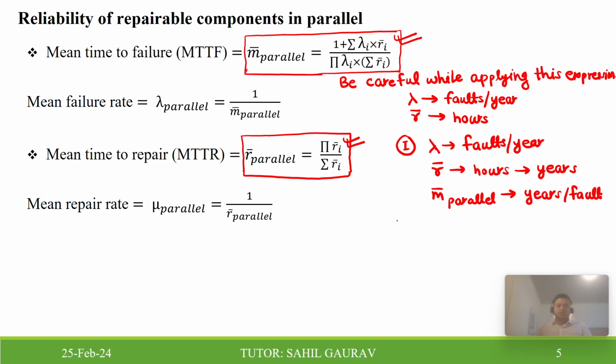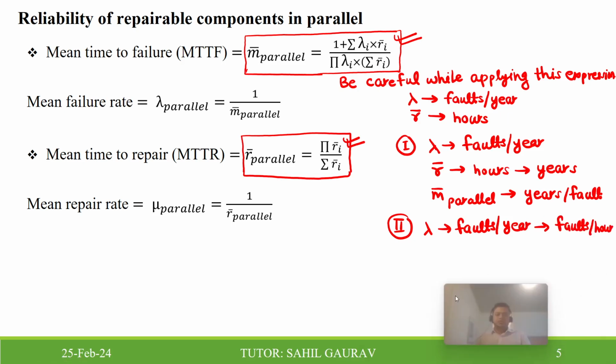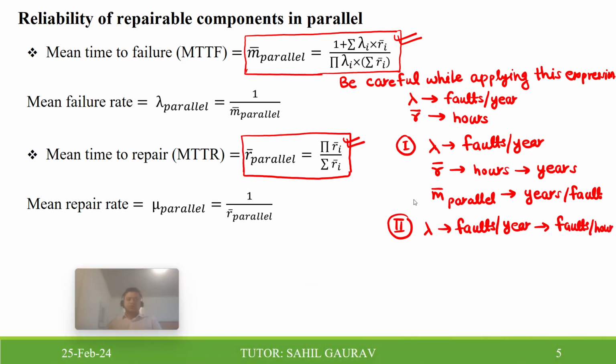Now in the second case, if lambda is given in terms of faults per year, then you convert it in terms of faults per hour, and r bar just remains as it is.